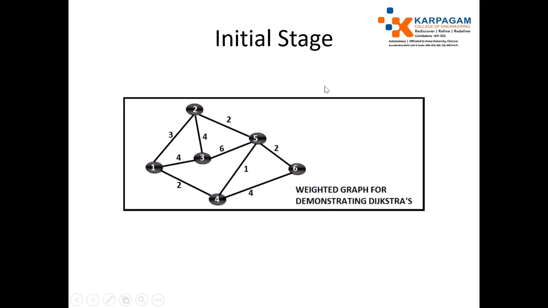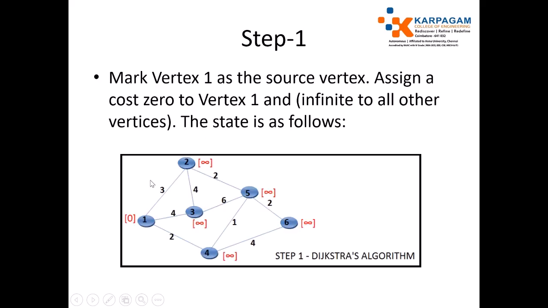For example, you have a graph, and I will apply Dijkstra's algorithm to it. Consider there are 6 nodes in the graph, and each edge carries a weight. Consider starting with vertex 1.